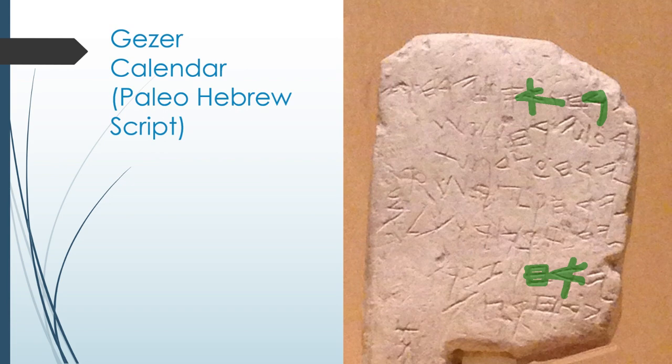So again, you can see these different characters on the tablet. And so the Hebrew alphabet changed over time. And so depending on the letters that are used, you can get an idea of how old that copy is.